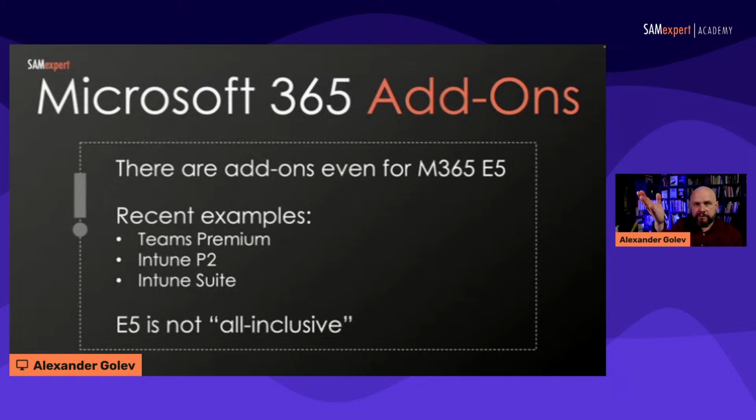But Teams, everybody uses Teams. Everybody has Teams in their plans. Intune, most comprehensive bundles like E5 have Intune. Now, if you want additional functionality of Intune, it's not included in E5. You must buy an add-on that would convert your built-in Intune to Plan 2 or to a higher suite, even higher.